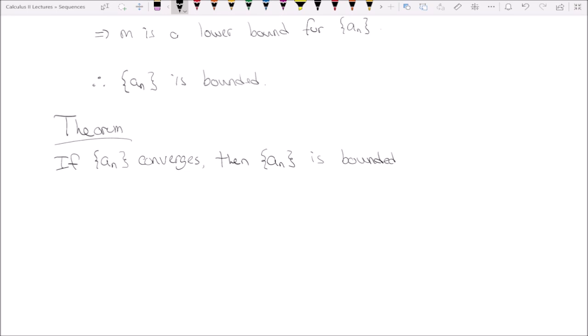Another way of writing this, and it's a more useful way, is if the sequence a sub n is not bounded, then the sequence a sub n does not converge.